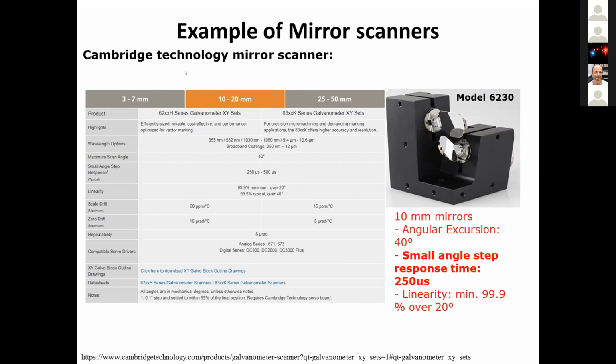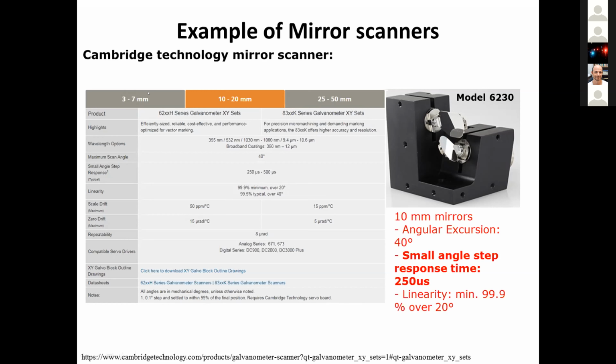This is a very nice scanner from Cambridge Technology, which has 10mm mirrors, which gives a very nice room to accommodate your beam already expanded, so you don't need to deal with scanning optics to fill up the back aperture of the objective, which is very useful. It has a 40 degree excursion angle, and as I said before, it's really fast and very linear. In the market, there are different sizes of scanner.